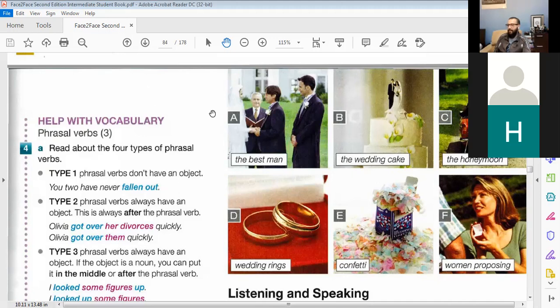Correct. After the wedding cake? Confetti. E. That's correct. And then after that, number 5? C, the honeymoon. The honeymoon, right. And the last one was? F, the formal proposing. Correct.